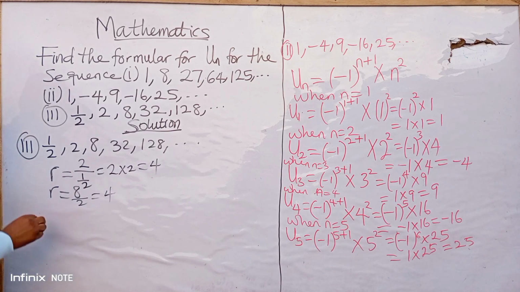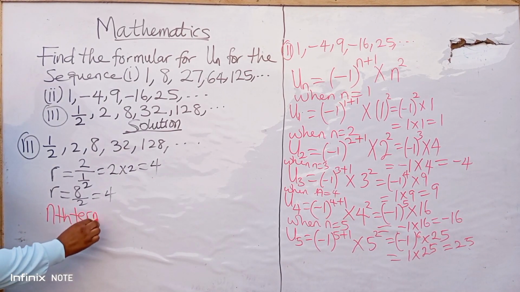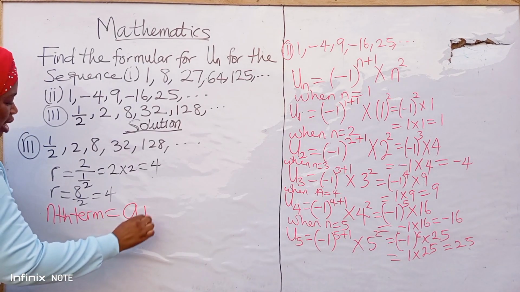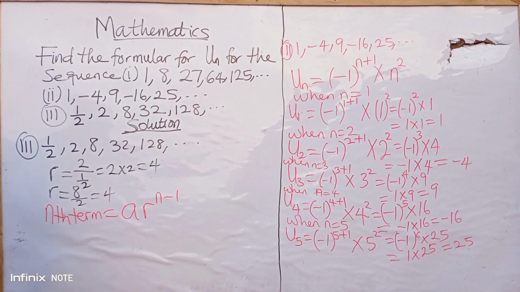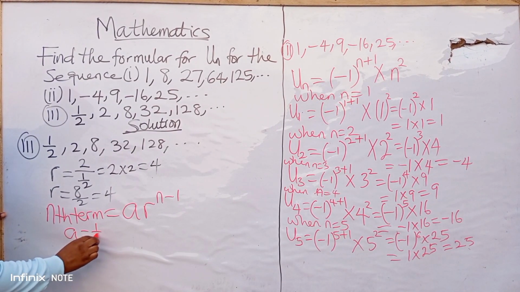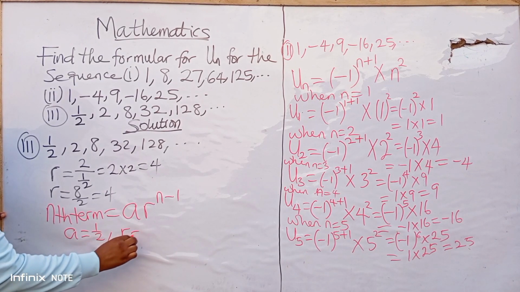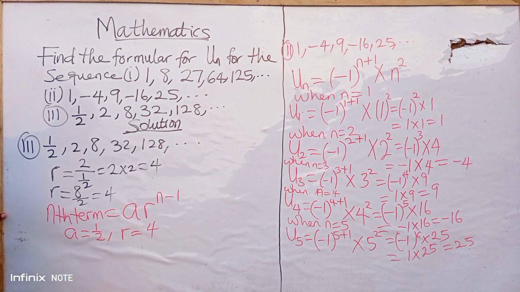And the nth term for a GP is what? a r raised to power n minus 1. So our first term here is 1 over 2, and the common ratio is 4. So let's substitute.